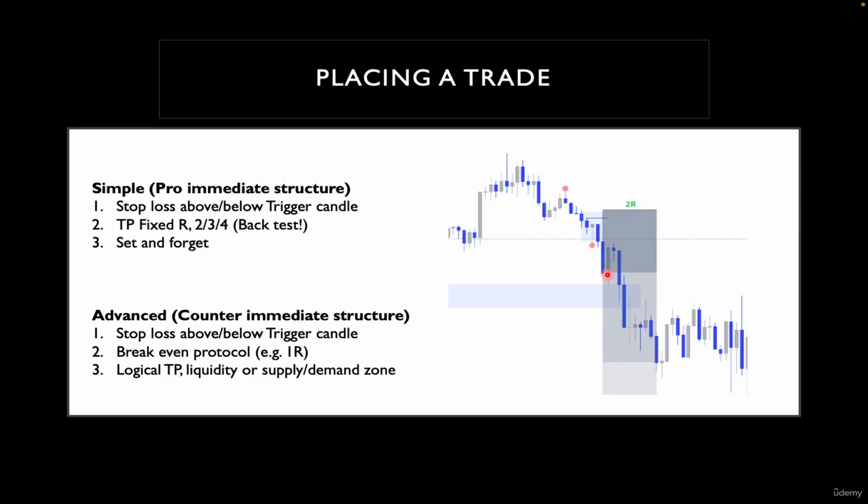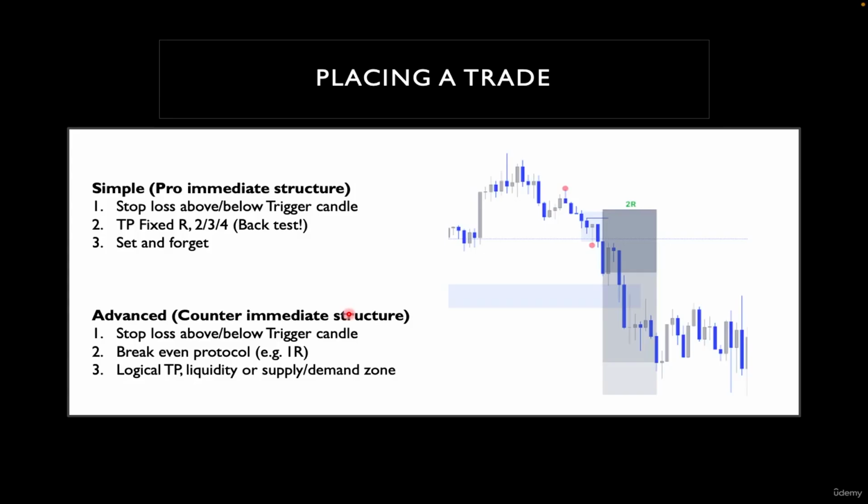And then just set and forget, meaning place the trade and then leave it. It either hits your stop loss or hits your take profit. Now, if you want to be a little bit more advanced, that's when you can start taking counter immediate structure trades. That's not what we've gone through in this video series, because we need to take more into consideration to help us build a bigger picture.